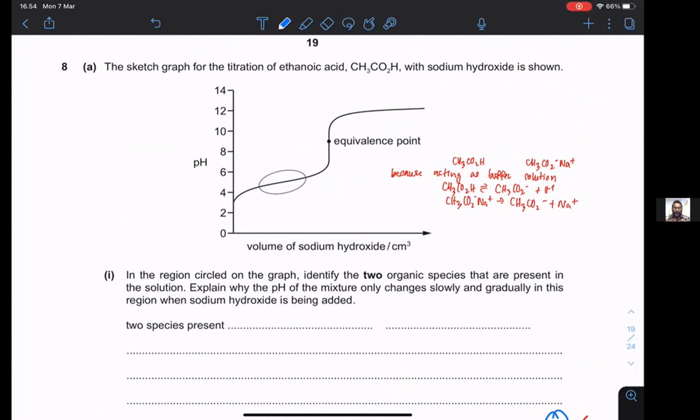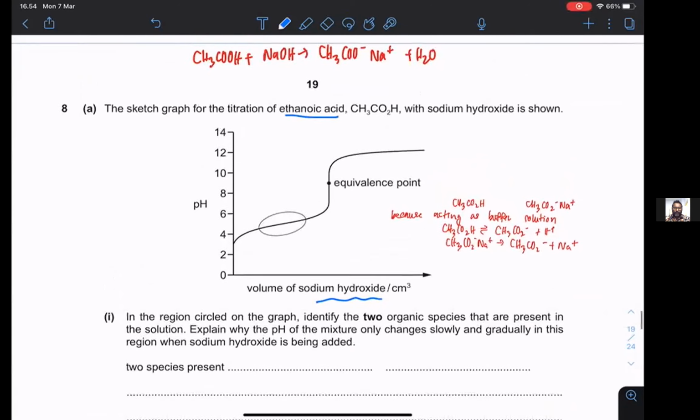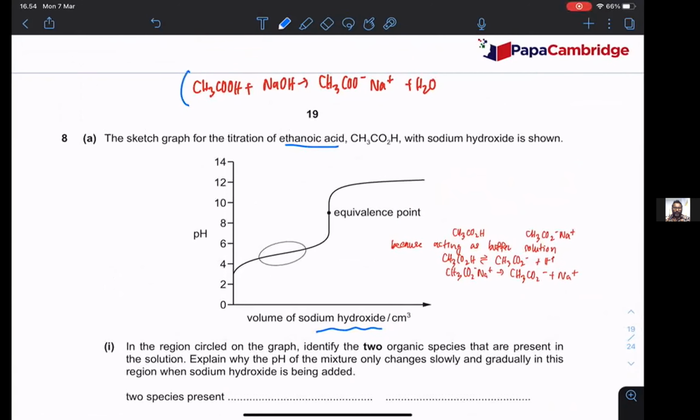So we are adding sodium hydroxide. Inside the titration is going to be ethanoic acid. So the pH is measured from the ethanoic acid, which is in the beaker, so ethanoic acid must be there. As the sodium hydroxide is being added, the pH is going up. If you write down the equation, ethanoic acid reacting with sodium hydroxide, you are going to get salt and water.